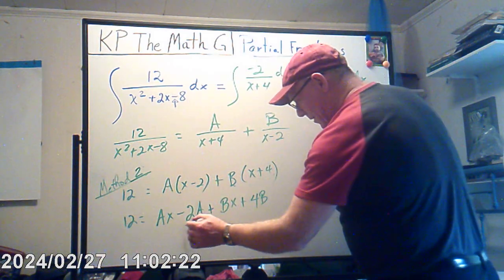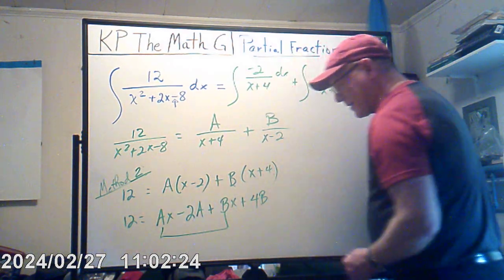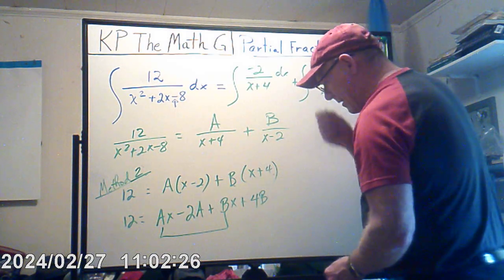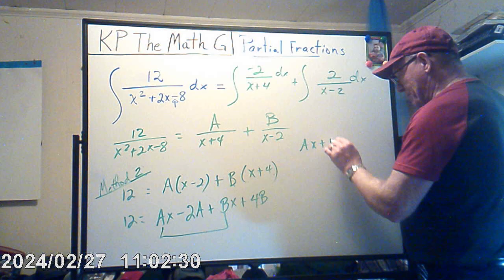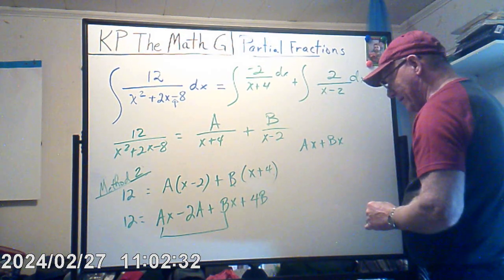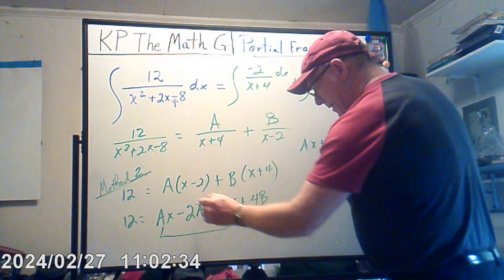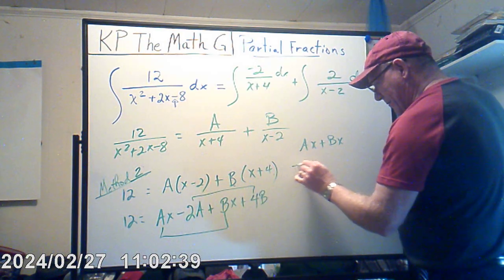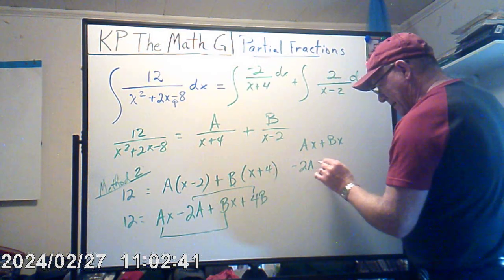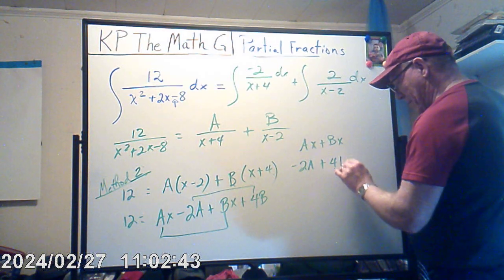So the ax and bx go together, ax plus bx, and then the negative 2a plus 4b.